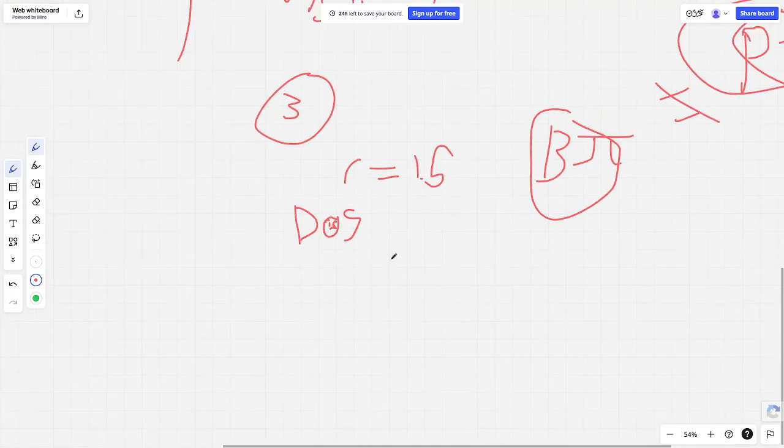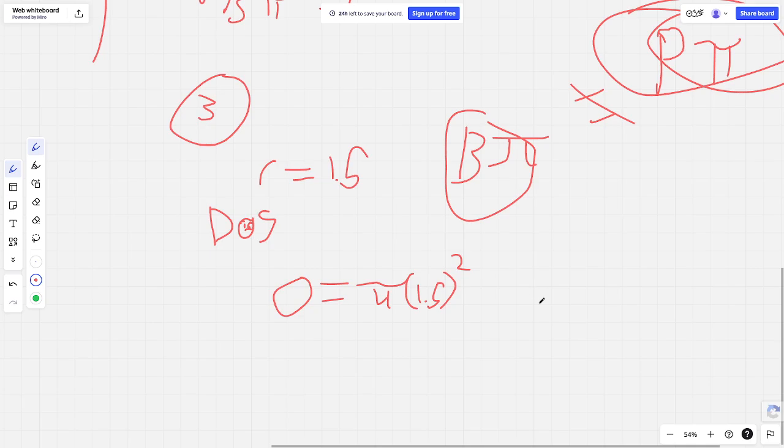So now, if you find the area of the circle inside of the dog, then you get pi 1.5 squared. 1.5 squared I'm just going to call n because I'm too lazy. Actually, instead, I don't want to use the variable n.